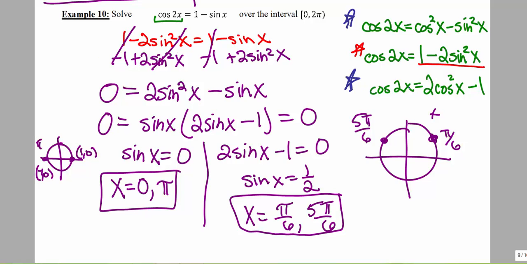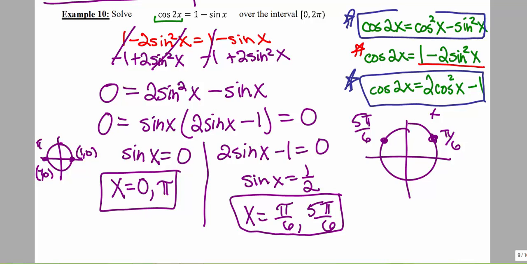So sometimes it would be more beneficial to use this double angle identity if it could help accomplish that goal, and sometimes this one would be useful as well. So be on the lookout, make sure you know all three of those double angle identities for cosine, because any of those three could be useful when using a double angle replacement for the equation.